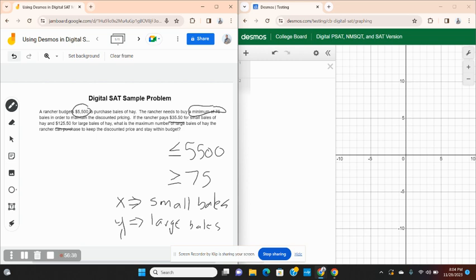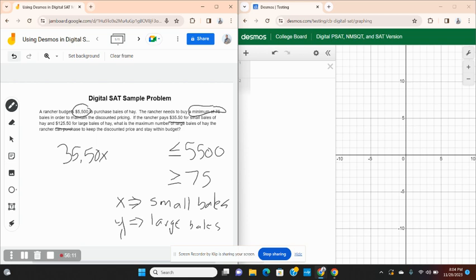If our budget has to stay within 5,500, let's think about how we determine cost. If each small bale of hay is $35.50, we would multiply 35.50 times x. That gives me the amount we would pay on the small bales of hay.